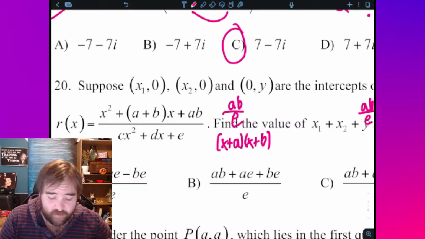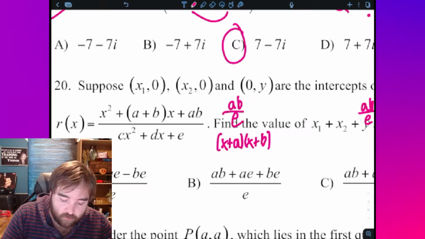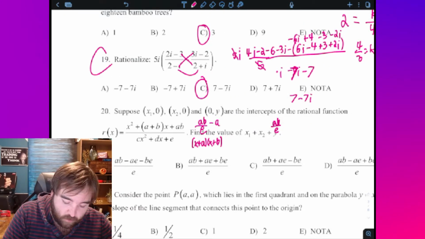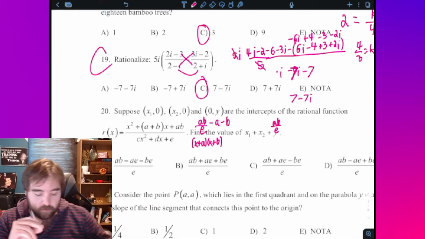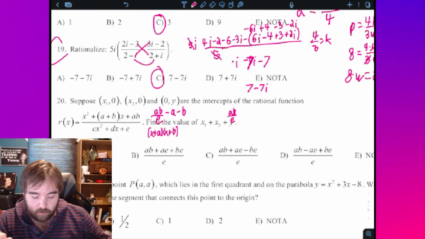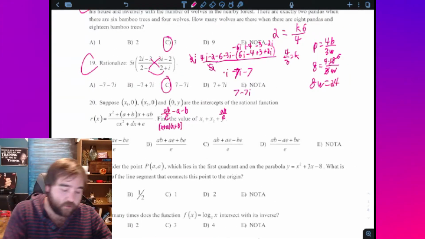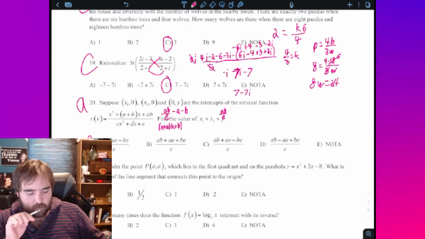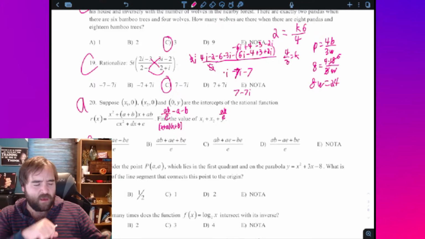So that's negative a and negative b. So it's AB minus AE. Both of them should be minus. Yeah, that's definite.